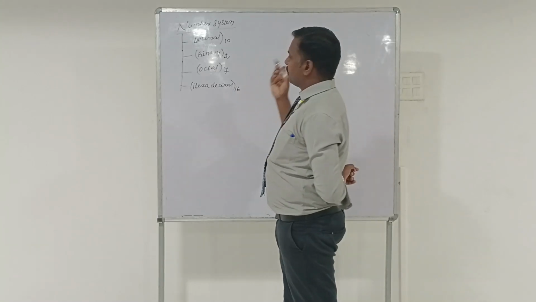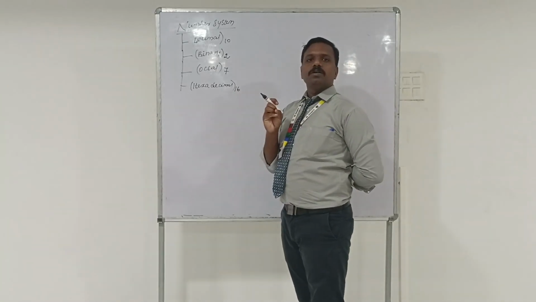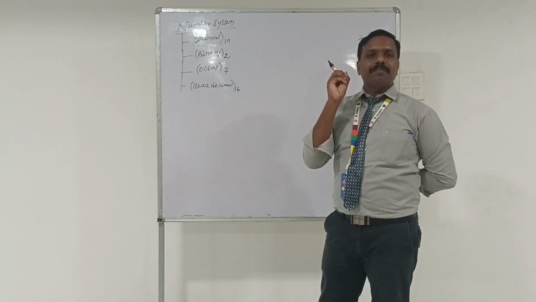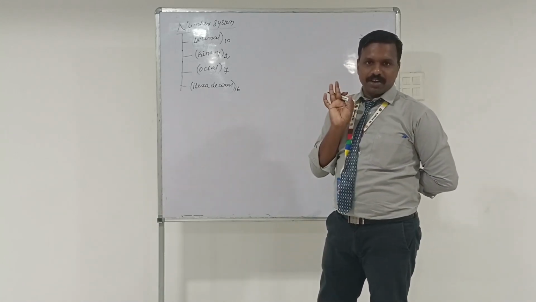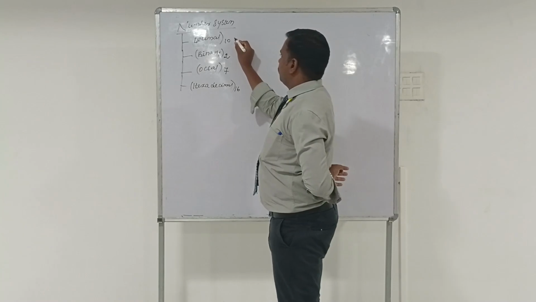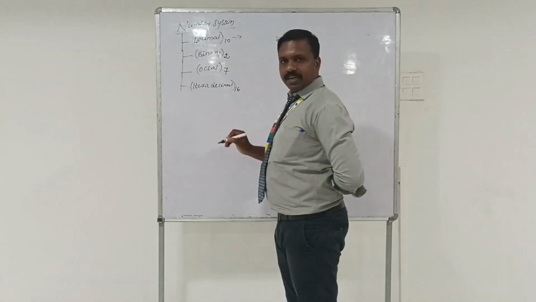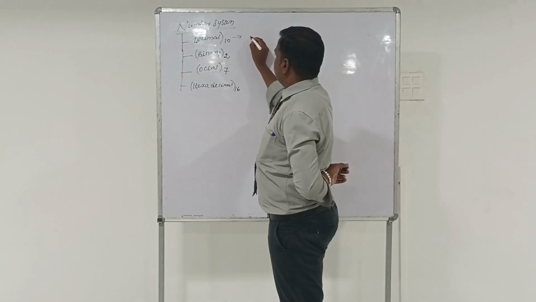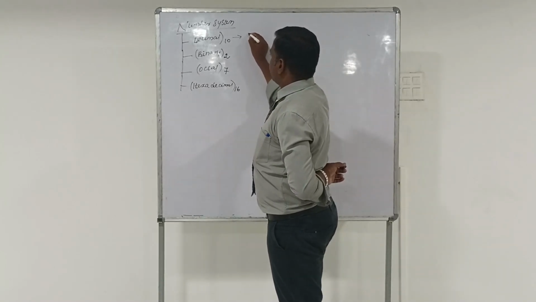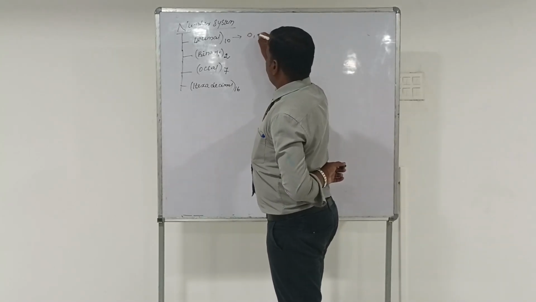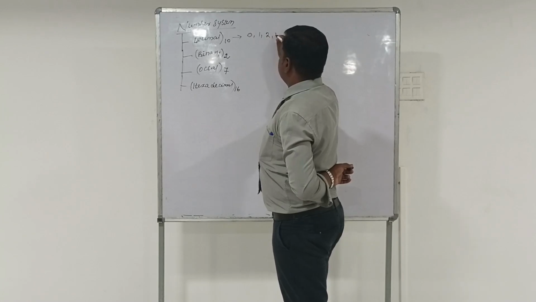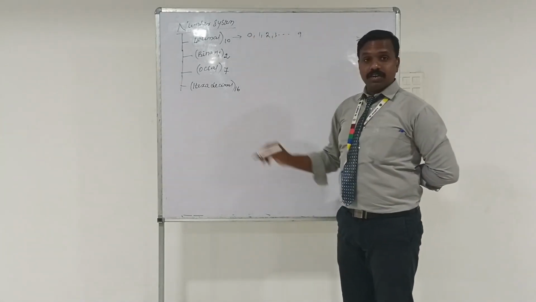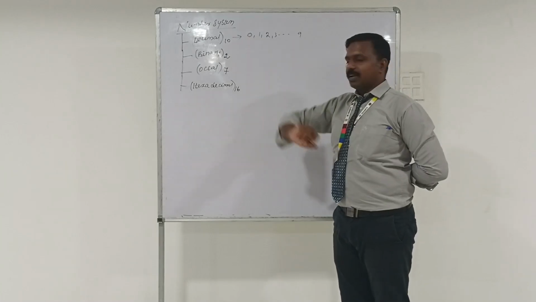So how many different digits are used to represent a number system, that number is called the base value. In decimal, the base value is 10, and the different digits are 0 to 9: 0, 1, 2, 3 up to 9. So 10 different digits are used here to represent the decimal number system.